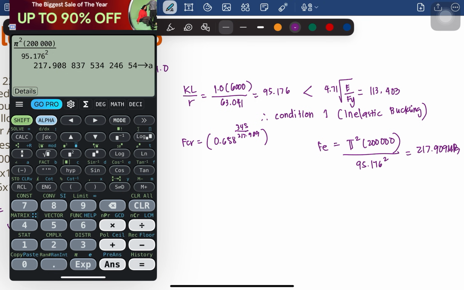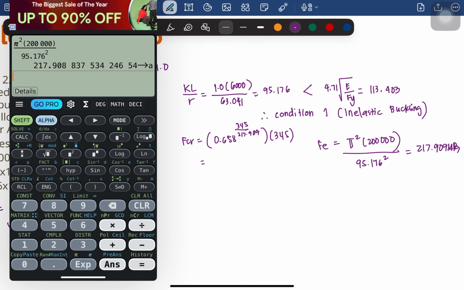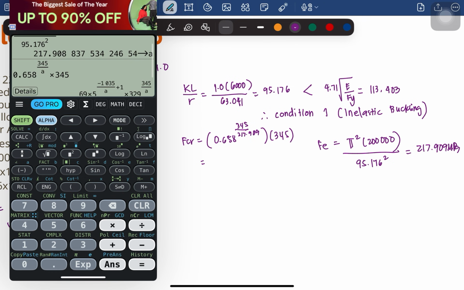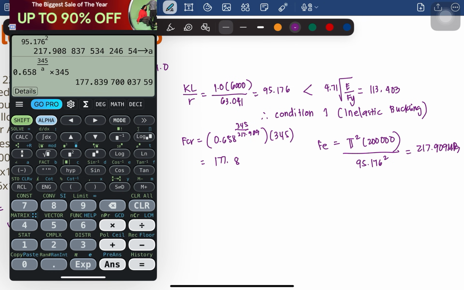Then 345 over 217.909, times 345, we get 177.84 MPa. For actual load, so Pn is equal to Ag times Fcr.